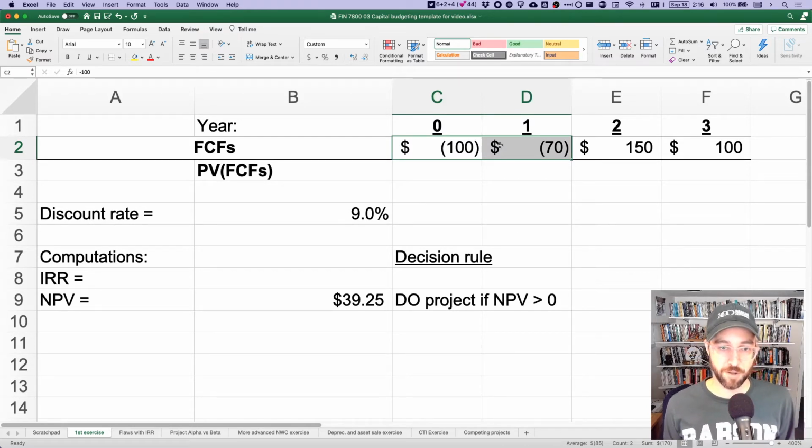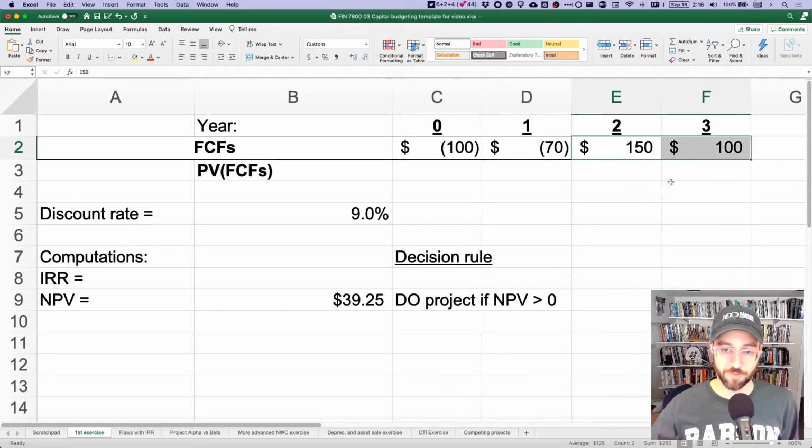There's an initial outlay made not only in year 0, but also in year 1: $100 million invested in year 0 and $70 million invested in year 1, with two positive cash flows, or benefits, associated with the project kicking off positive cash flows of $150 million and $100 million respectively in years 2 and 3, before the project is entirely over at the end of year 3, is what's assumed.